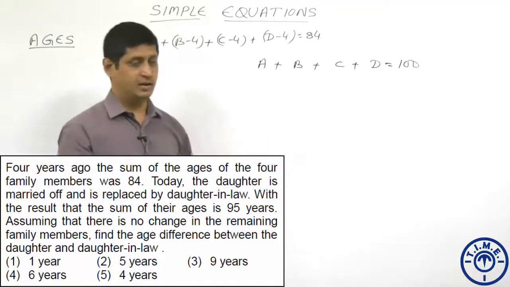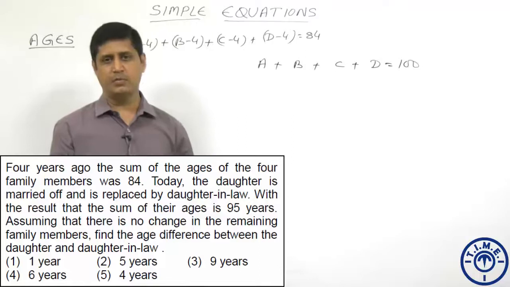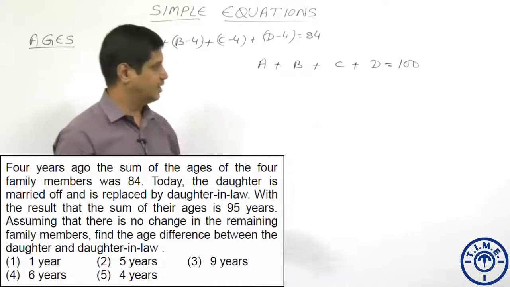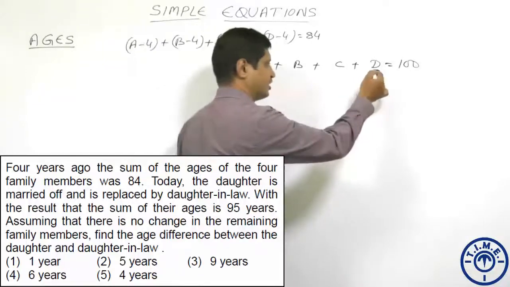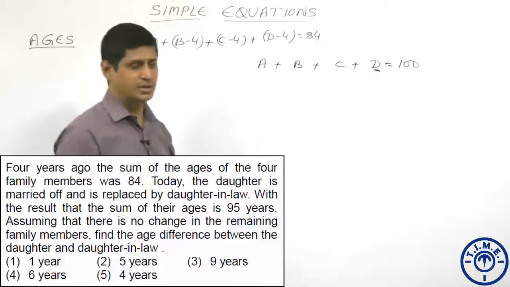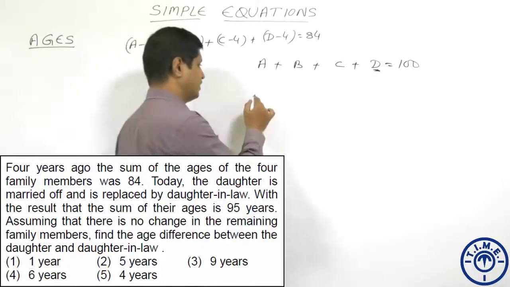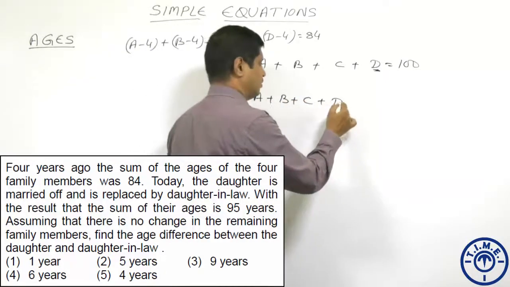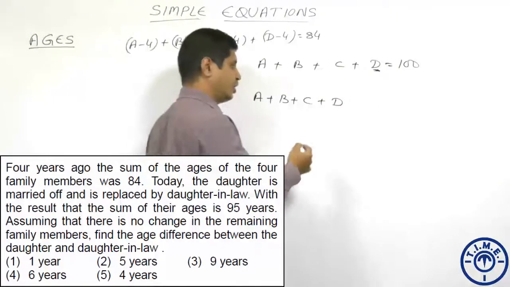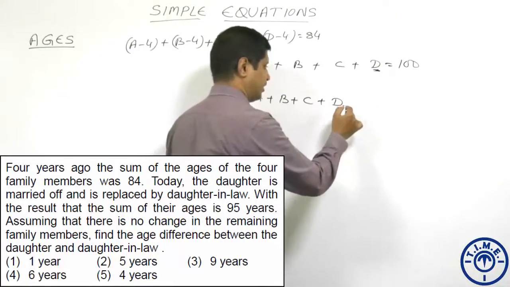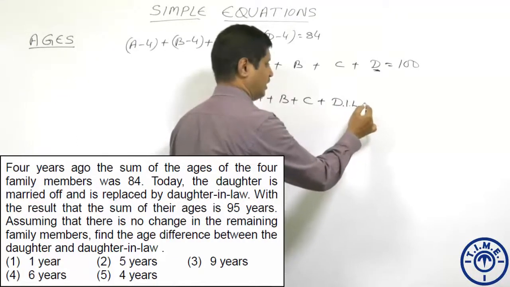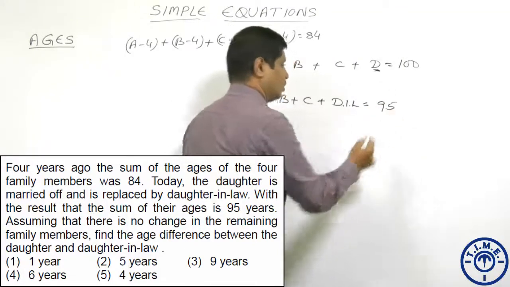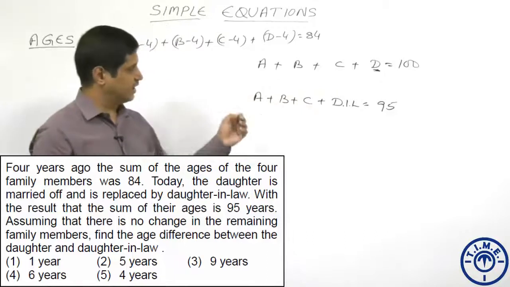Now the daughter was married off and replaced with the daughter-in-law. I am taking D as the daughter, now replaced with a daughter-in-law. So what is the sum of the ages of A, B, C and the daughter-in-law? It is 95 years. When the daughter was there, it was 100.